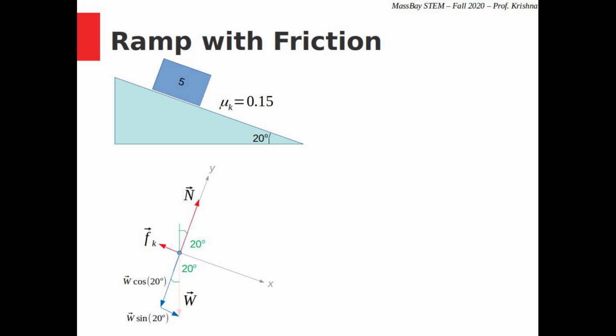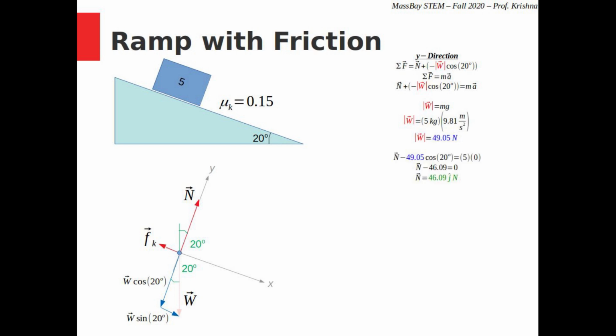The split into components occurs as before. Indeed, all the steps that lead to the setting up of the force balance in y and calculating the normal force and the weight force are exactly the same as before. The difference only comes in the x direction. The mass, weight, and angle are exactly the same as before.